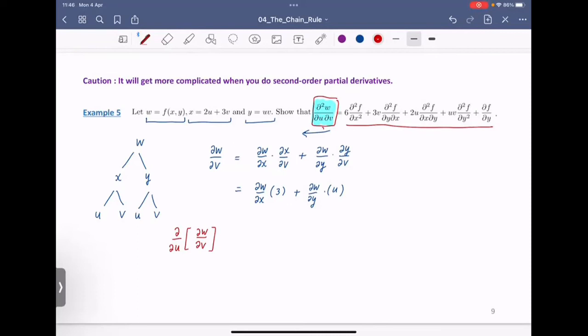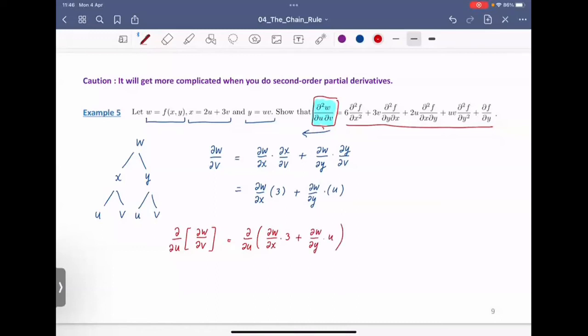All right, now we're going to differentiate the second time here. So we plug in that thing: ∂w/∂x times 3, plus ∂w/∂y times u.